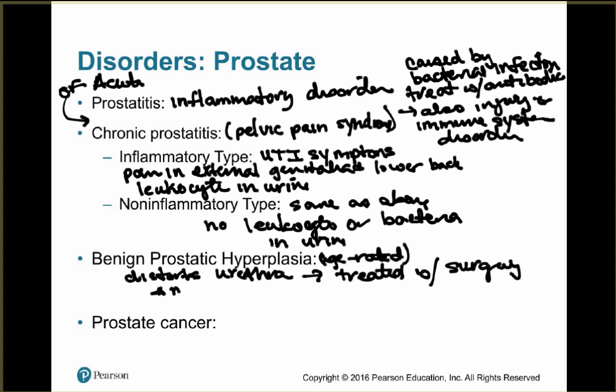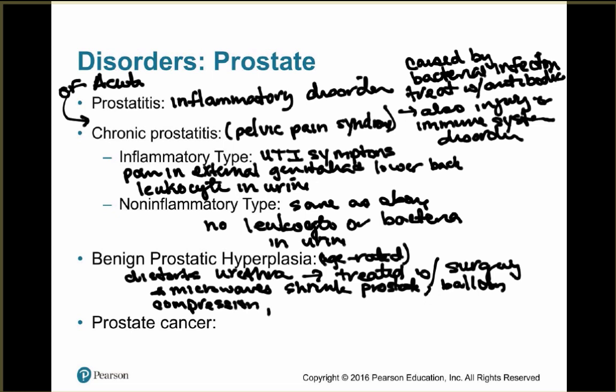For instance, they have used microwave to shrink the prostate. They've used what's known as balloon compression, and radiofrequency radiation. All of these aim to allow the urethra to work, and most of them try to shrink the prostate or make room in that area for the urethra.